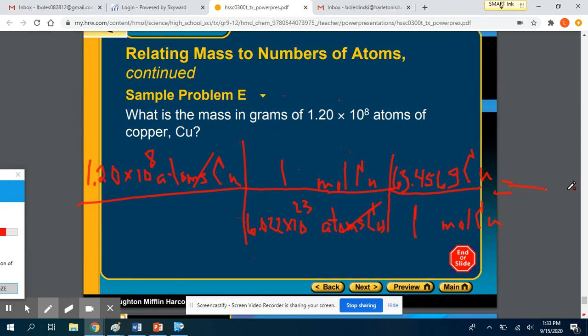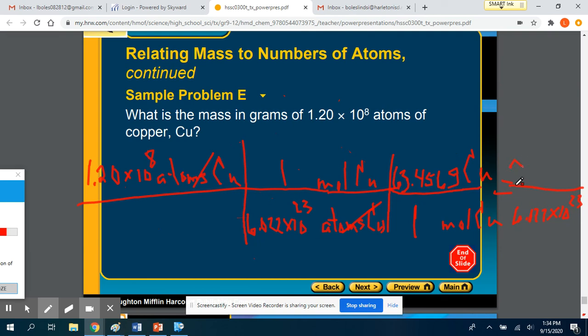You would equal, draw your line out there. The bottom number would just be 6.022 times 10 to the 23. That's all that's down here. The top one, 1.20 EE 8 times 63.546 is a huge number.